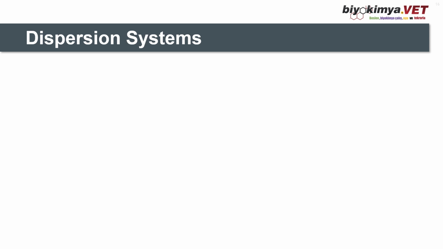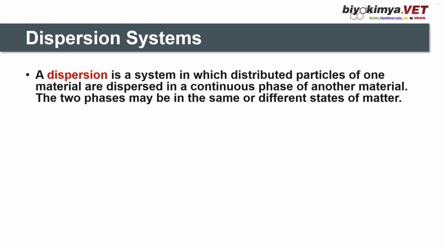After the definition of solubility, it's time to talk about dispersion systems or disperse systems. A dispersion is a system in which distributed particles of one material are dispersed in a continuous phase of another material. The two phases may be in the same or different states of matter.